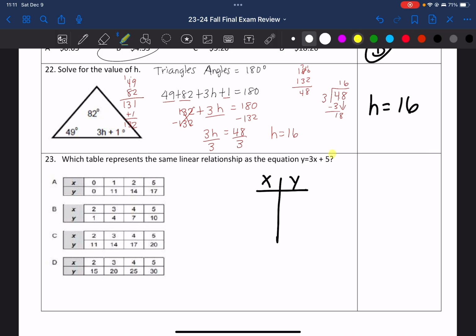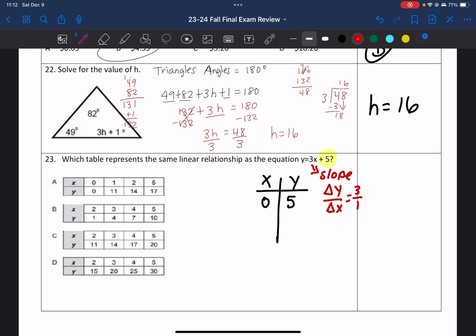I know that my y-intercept is 5, which means that it's going to be 0, positive 5. I also know that this is my slope, and I can find slope, or m, by doing change in y over change in x, which tells me that if I put this over 1, that would be 3 over 1.